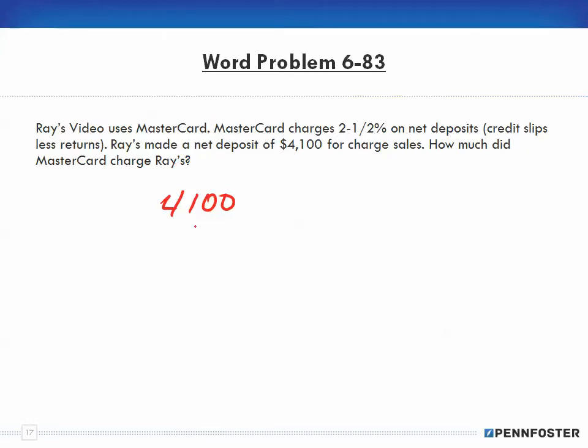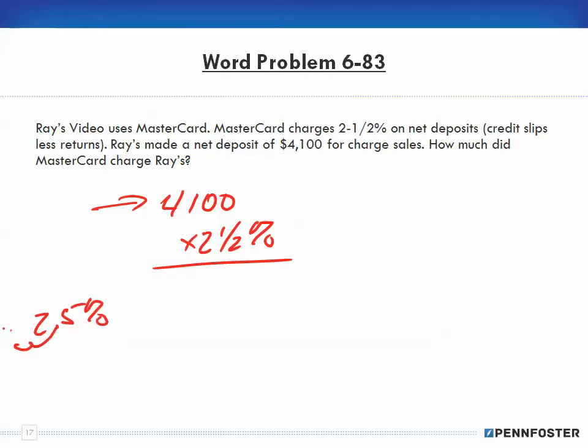Well, they charge him 2.5%, so we multiply. Since he had charges of $4,100, we're multiplying by 2.5%. In decimal form, we move the decimal 2 places, so we end up with 0.025.